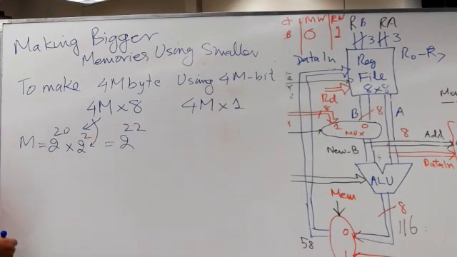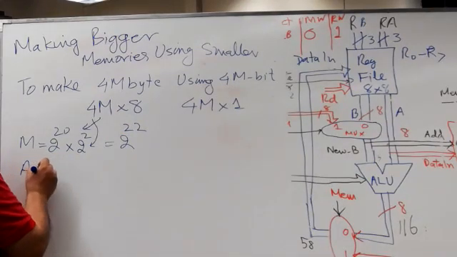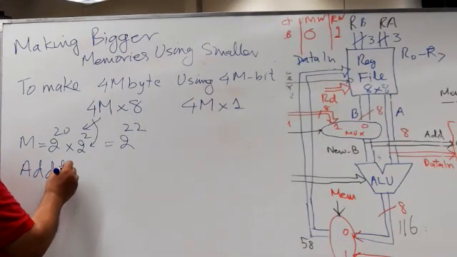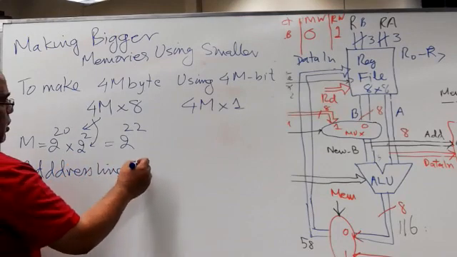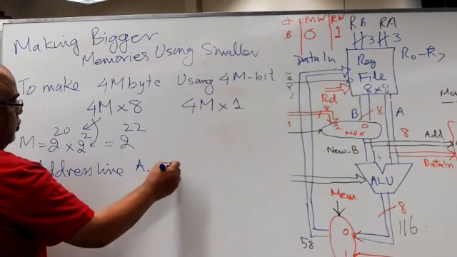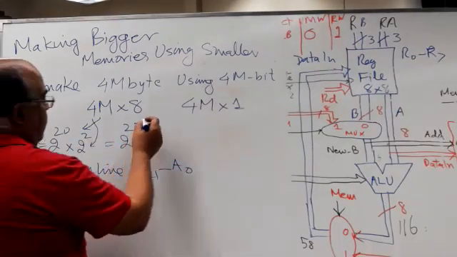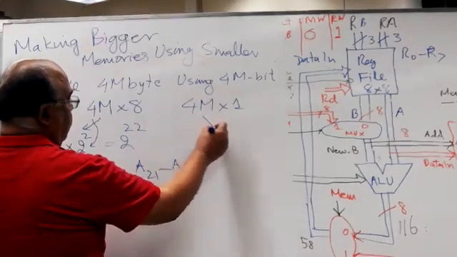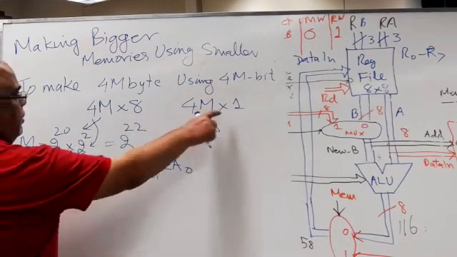So 4 megabyte is 2 raised power 22, which means the address lines will be 22 address lines, going from A21 to A0. So the memory address lines are the same, only the data lines are different.